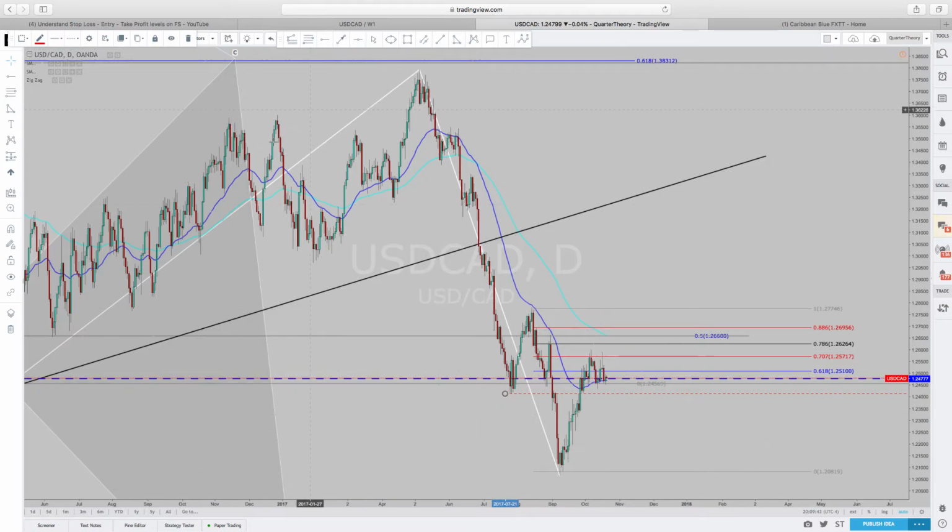So let me just draw that in as a possibility as to what price could do. And come back up. And maybe this right here. So you could do something like that and then just completely go all the way down.